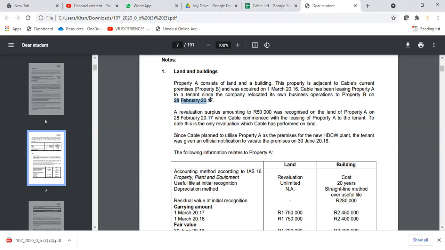Is it investment property? Is it PPE? The only time it can be investment property is if it is a fixed structure, which is typically land and buildings. So the conclusion was that this is a fixed structure and must be treated as investment property. I also came across it in a UNISA paper sometime. So it was quite a topical issue at that point in time.